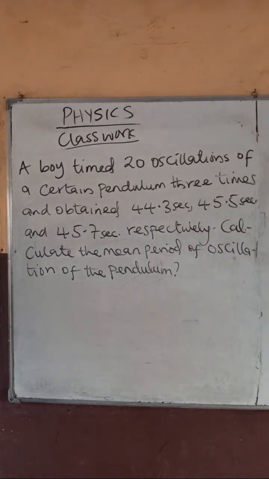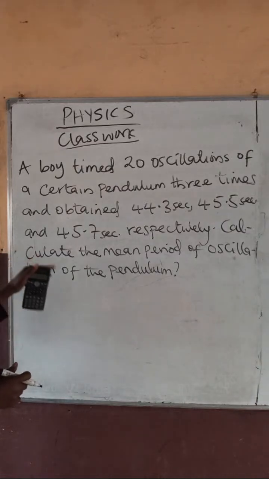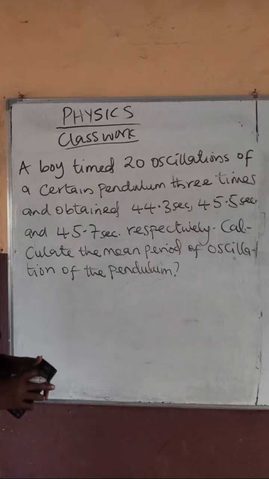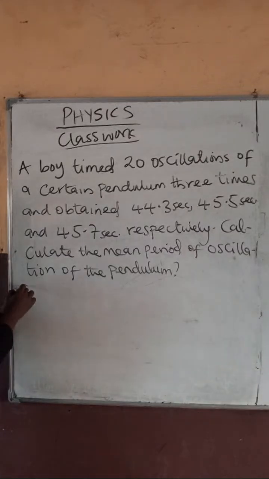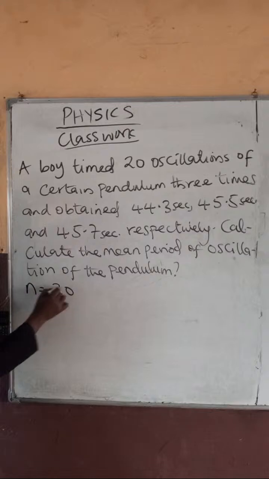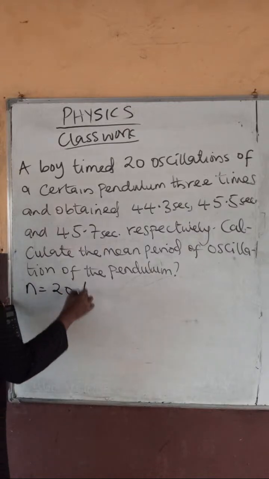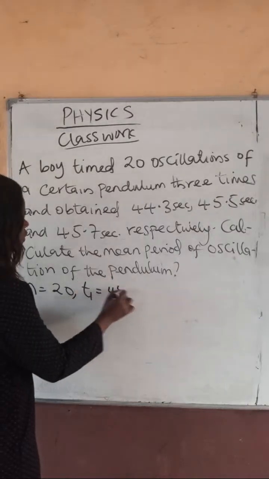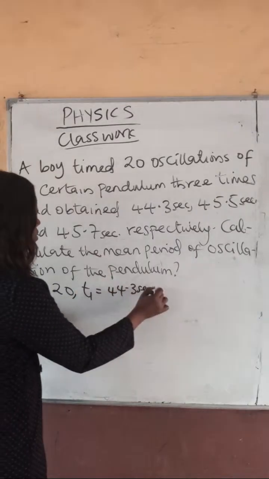All right, so a boy timed 20 oscillations of a certain pendulum 3 times and obtained 44.3 seconds, 45.5 seconds, and 45.7 seconds respectively. Calculate the mean period of oscillation of the pendulum. Now, the number of complete oscillations is 20, and T1 is equal to 44.3 seconds.